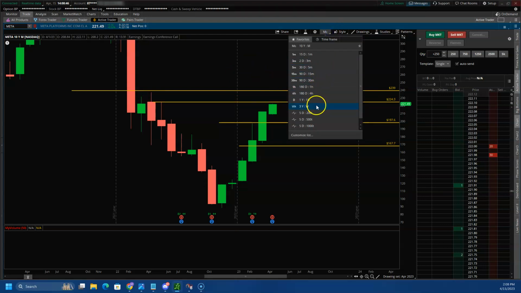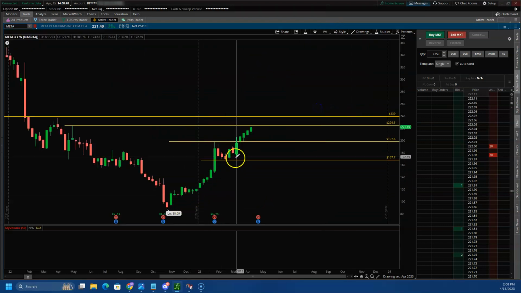Because that's the resistance in the monthly time frame, and after all this big move up, could be some profit taking that kicks in at the time of earnings. Because earnings are announced, maybe everything is priced in, and we see a nice profit taking move to the downside.